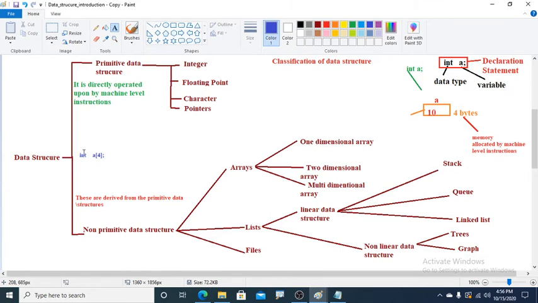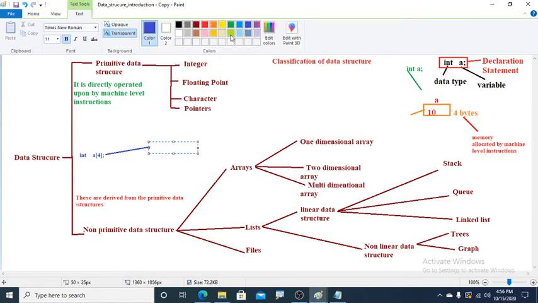Here int is what? Primitive data structure, isn't it? So a of 4 indicates what? A of 4 indicates an array. So array is of what type?